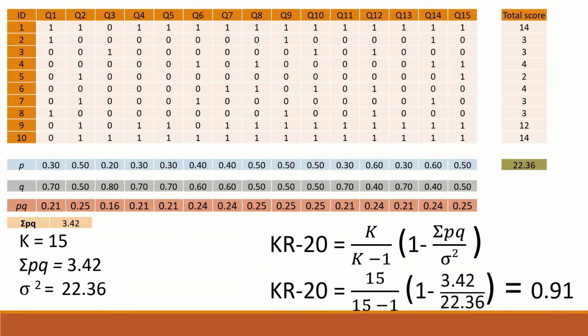So if we replace the values in the equation, we find that KR20 equals 15 divided by 15 minus 1, multiplied by 1 minus the upper part, which represents the sum of p multiplied by q, divided by the variance of the total score.